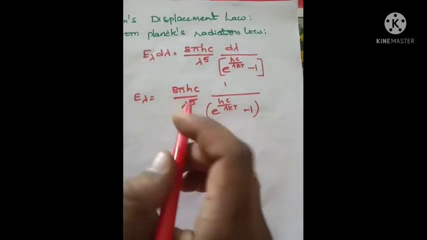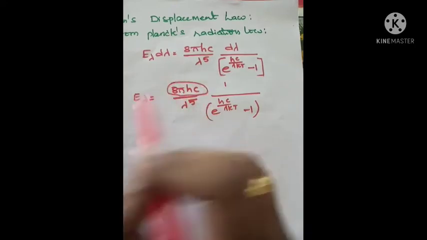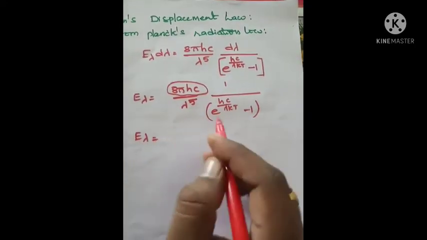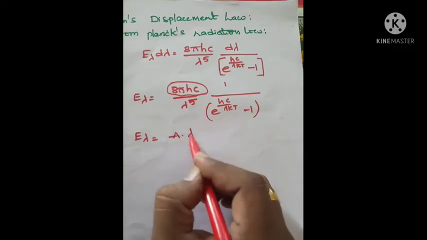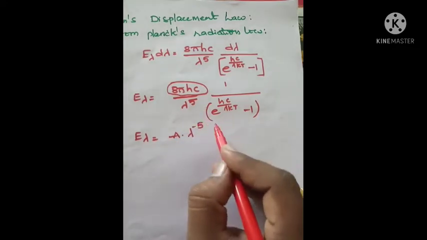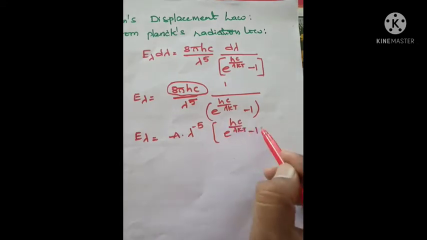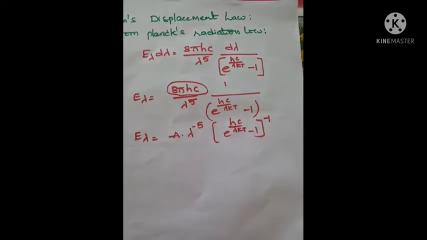Let us assume this constant value is represented by capital A. Then we'll write E lambda is equal to A into lambda to the power of minus 5 into e to the power of hc by lambda kt minus 1, whole to the power of minus 1.